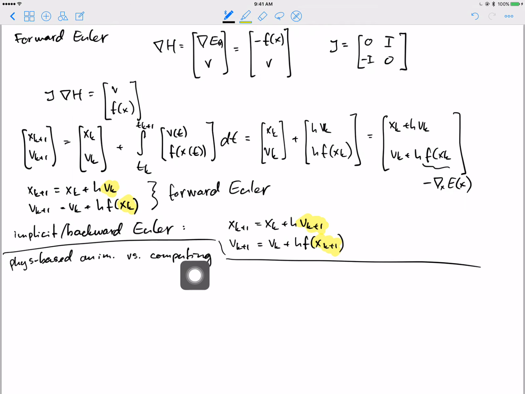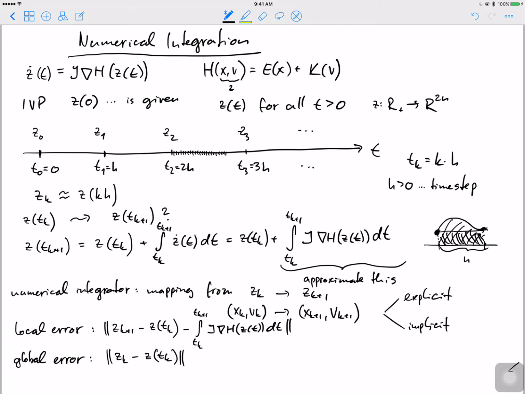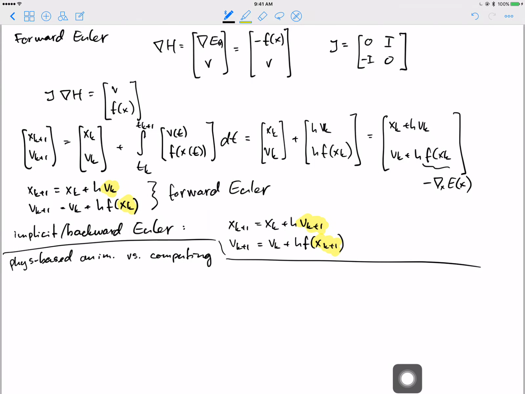The goal of computing is that you actually want to approximate the continuous solution accurately enough. Ideally, you would be able to put a bound on the global error, and have some epsilon.